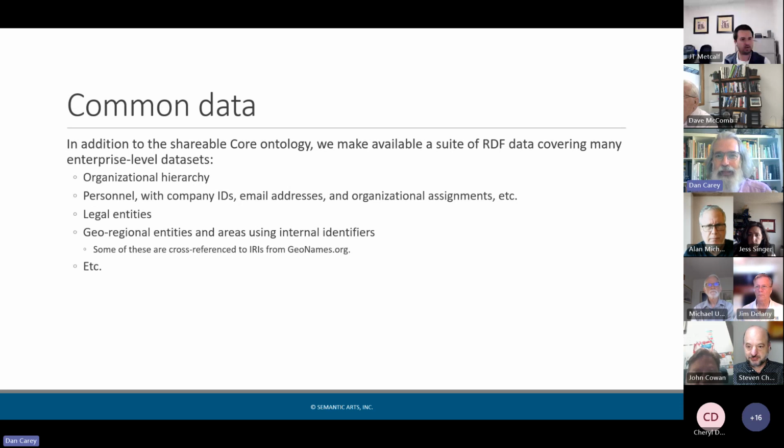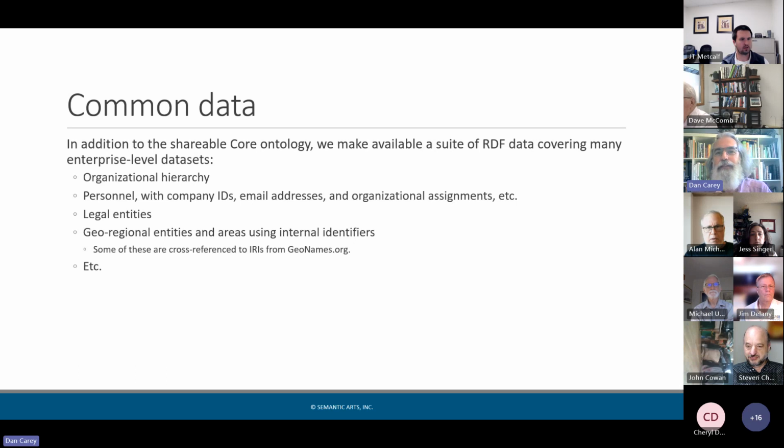I mentioned that we had some common data sets. So in addition to the ontology, the schema itself, when you adopt the core, you get a bunch of data that you can use in your knowledge graph, and these are things that are used across the entire firm. You get the Morgan Stanley organizational hierarchy.